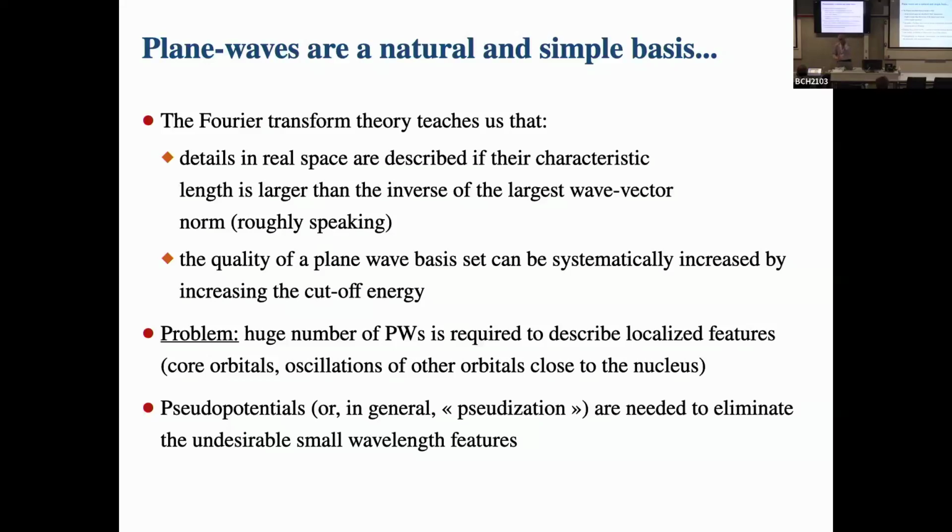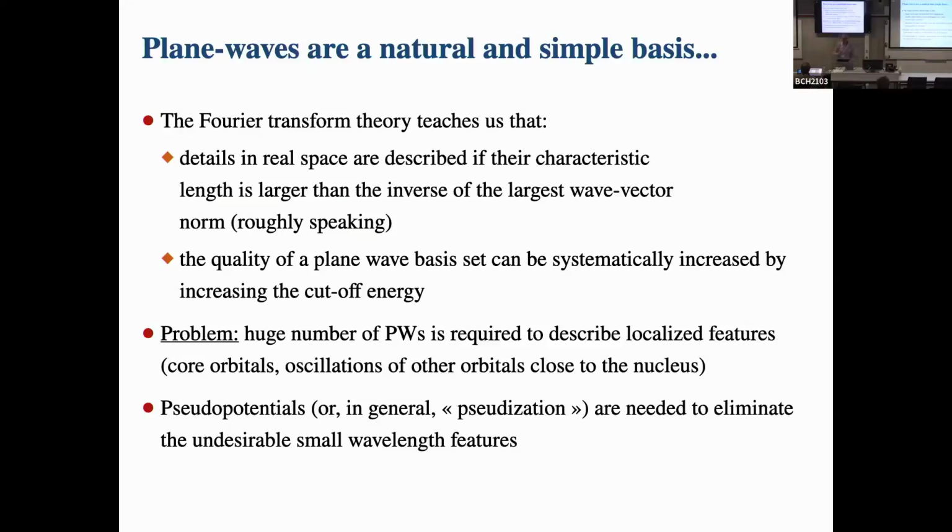And so the quality of your plane wave basis set is easy to increase. You just increase the size of the sphere that you have there, so you just increase E-cut, and you can increase the quality of the basis set because you are taking more and more oscillating plane waves. And so you are able to describe more and more shortly oscillating features in the wave function.